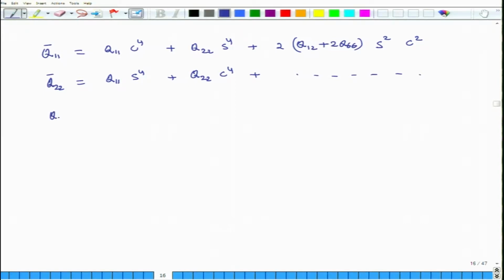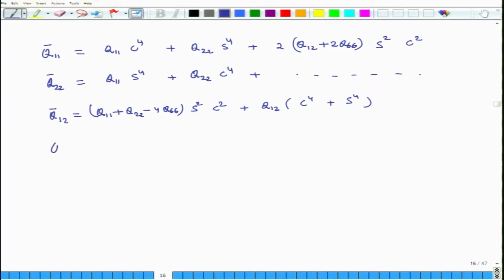Then Q12 bar equals (Q11 plus Q22 minus 4 Q66) sine square theta cosine square theta plus Q12 times (cosine 4 theta plus sine 4 theta).